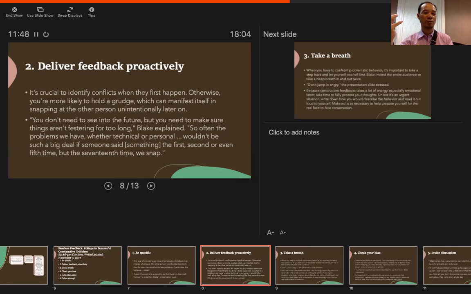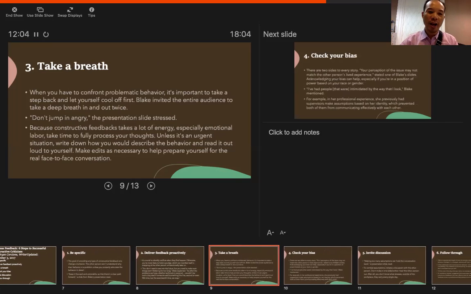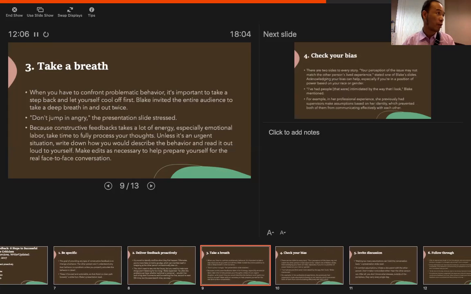It's highlighted. If someone said something the first, second, or even the fifth time, but the seventh time we snap, we don't do it anymore, we don't go to meet them. Then take a breath. Why do we have to take a breath?